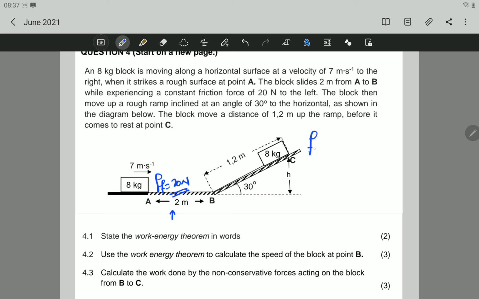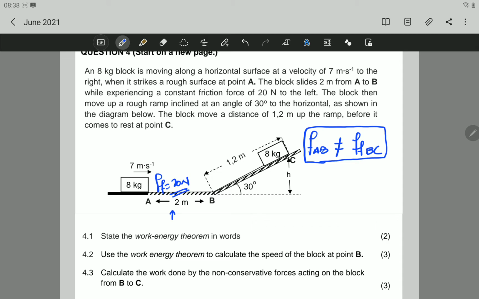The frictional force AB is different from the frictional force BC. You might not need it in the whole question, but it's just for further questions, okay? You cannot use the 20 newton for the ramp because it's different. Why is it different? Because the normal force is going to change due to the angle of 30 degrees, okay?